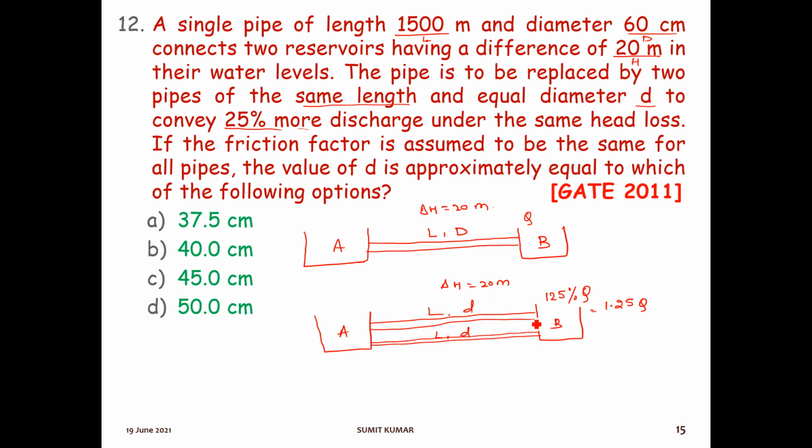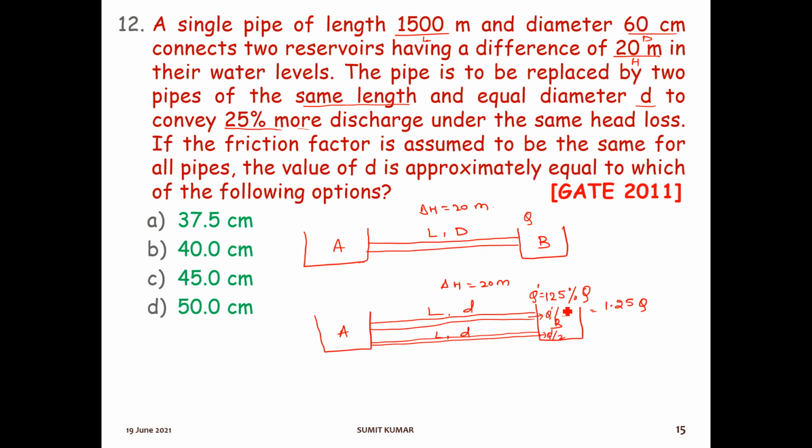Now, since here there are two pipes and both the pipes are identical, if we take the discharge through the pipes, suppose this is Q dash. So this will be Q dash by 2, and this is also Q dash by 2.